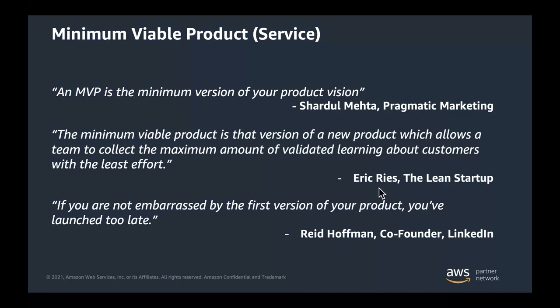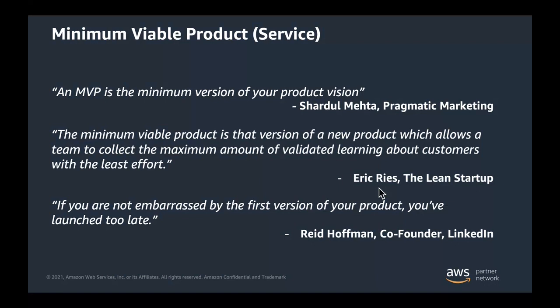And another quote that I really like about this overall MVP or MVS approach is from the LinkedIn co-founder, where he says, if you are not really impressed by the first version of your product, you probably launched too late. So I think these three quotes give an idea around the spirit of minimum viable product.